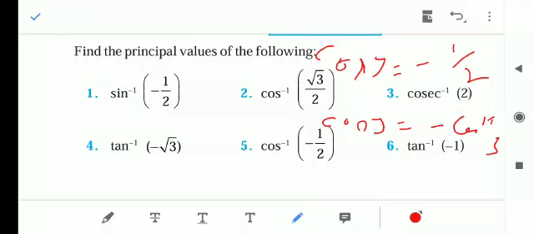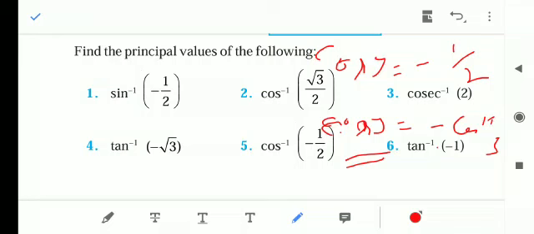In case of cos y equal to minus cos pi by 3, cos is positive in the first quadrant and fourth quadrant, and negative in the second quadrant and third quadrant. So here our cos value is negative, so the y value lies either in the second quadrant or the third quadrant. Now what is the range of the cos inverse function? It is 0 to pi, that is, first quadrant and second quadrant.